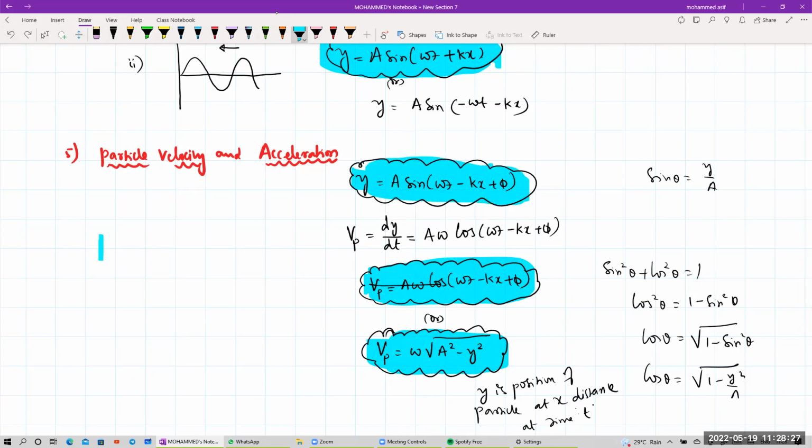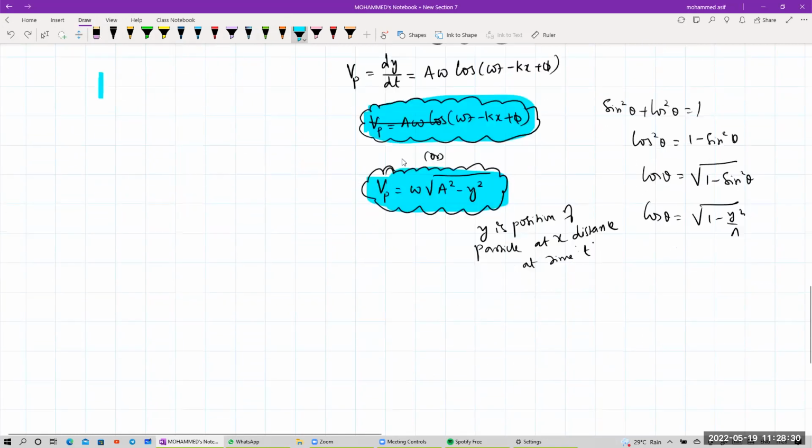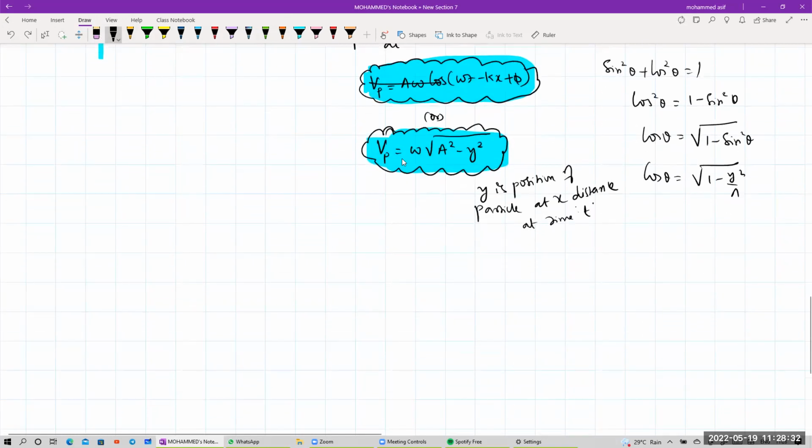Now, when I know the velocity, how do you get the acceleration, beta? Now you tell me. Differentiate again. What do I need to differentiate? The velocity. The acceleration of the particle is dv divided by dt.